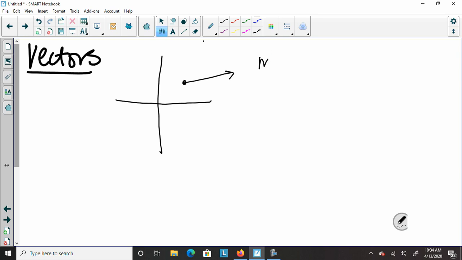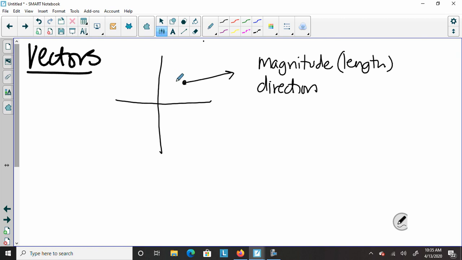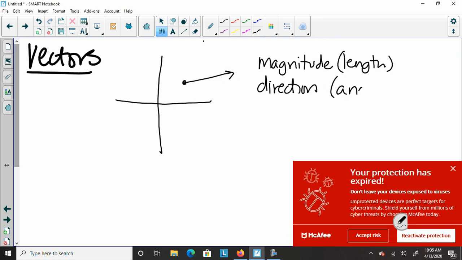The first one is the magnitude, and that's the length of the vector. And then also the direction, and the direction is the angle from like the x-axis. So this one looks kind of like it would be about 15 degrees. So that is the angle.